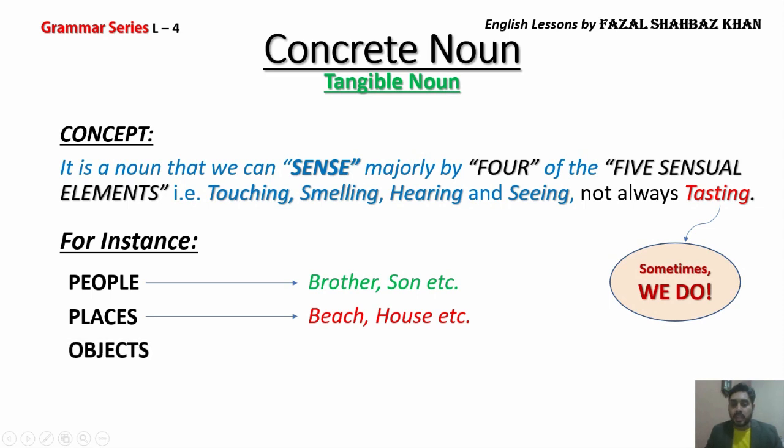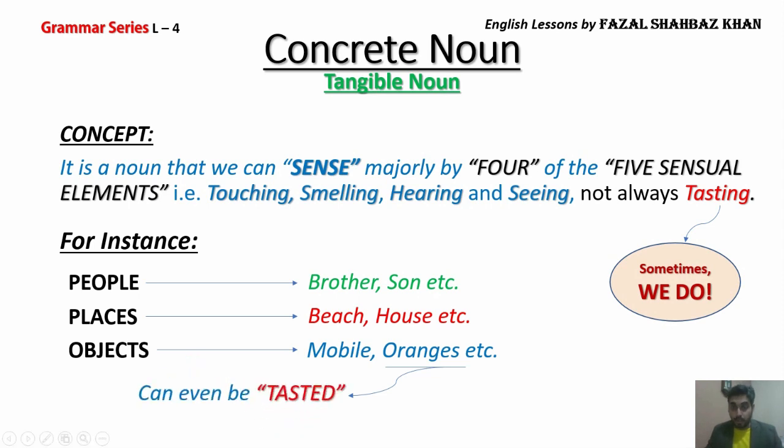And in that case, the third portion gives us things or objects, like in shape of mobile, the phone that we always carry, and then oranges, etc. In that case here, oranges can tell us that yes, it can be tasted. So because of this, we can say tasting can be done. So we do tasting as well. So that's a concrete noun, and that's the genuine concept of concrete noun.